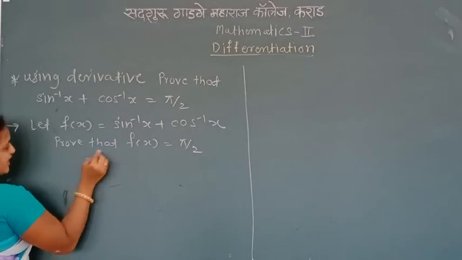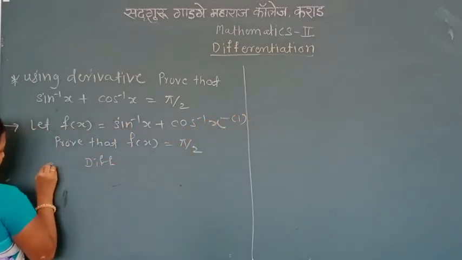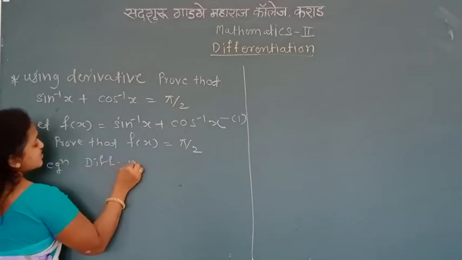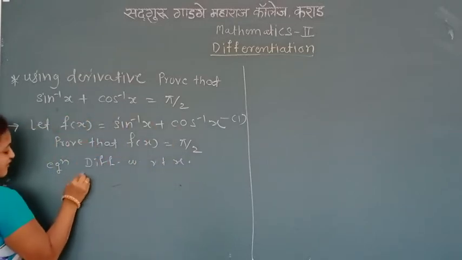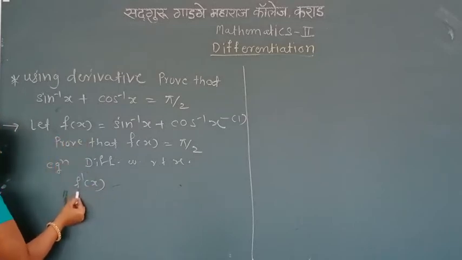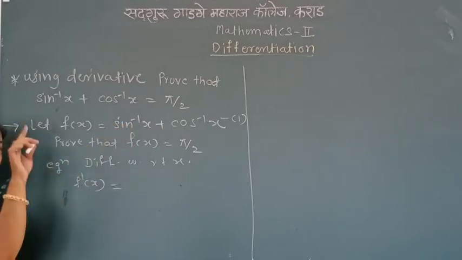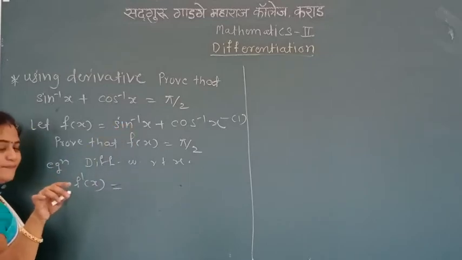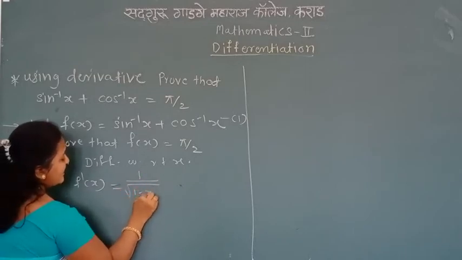So this is equation 1. Differentiate equation 1 with respect to x. So f dash of x, whenever we have f of x, on differentiating we get f dash of x equal to, what is the derivative of sine inverse? 1 upon square root of 1 minus x square.